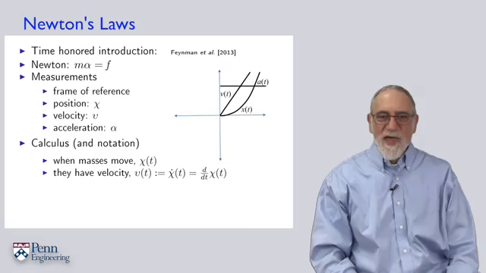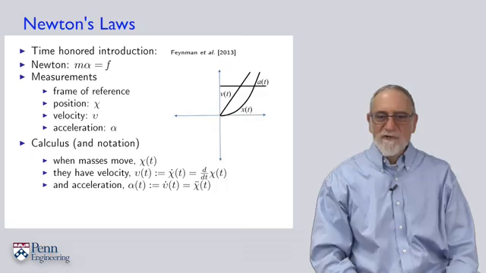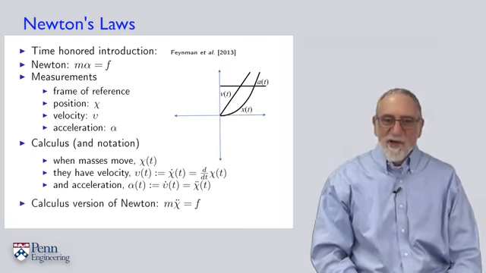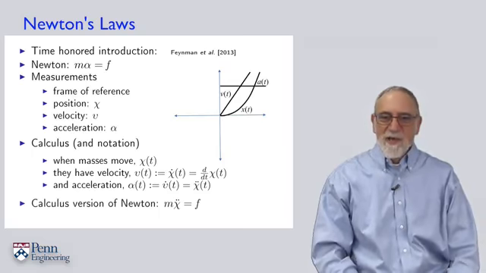When masses move, they have velocity, and they have acceleration, and you remember that the acceleration, alpha of t, is the first derivative of v, v dot, and therefore it's d squared dt squared of chi, or chi double dot at each instant t. The calculus version of Newton's law now tells us that not F equals ma, but m times d squared chi dt squared, or m chi double dot, is balanced by the force F.